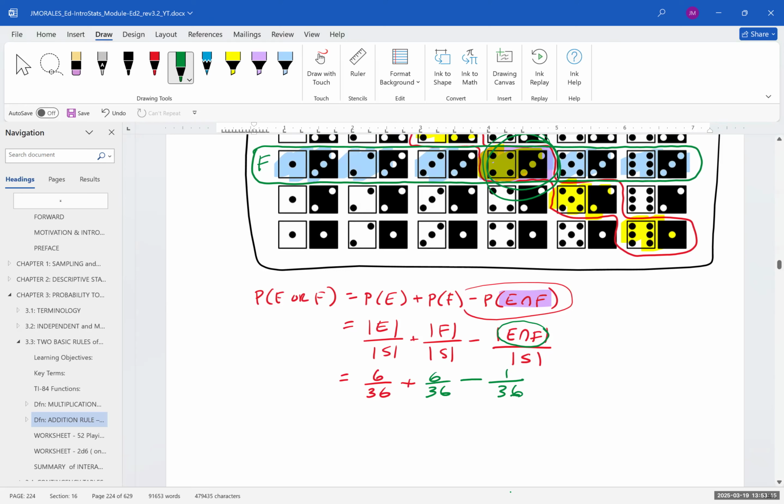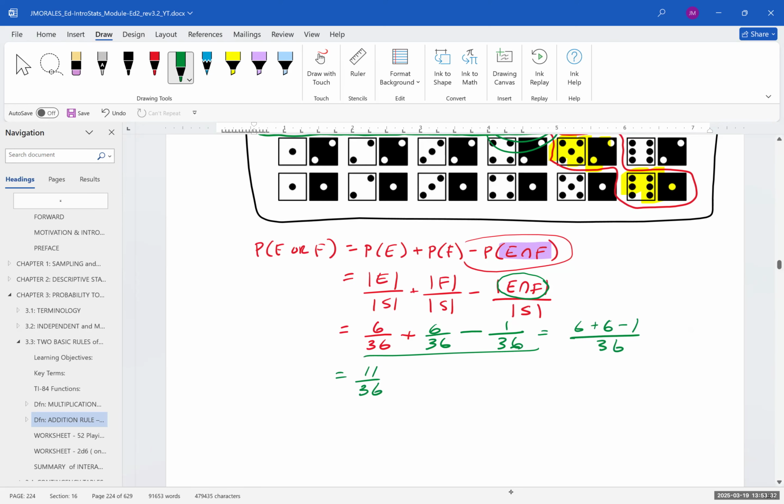So because the denominators of each of these fractions are equal, we can put the numerators over the same fraction. And so that's going to give us, what, 12 minus 1, which is 11. So we have 11 over 36.